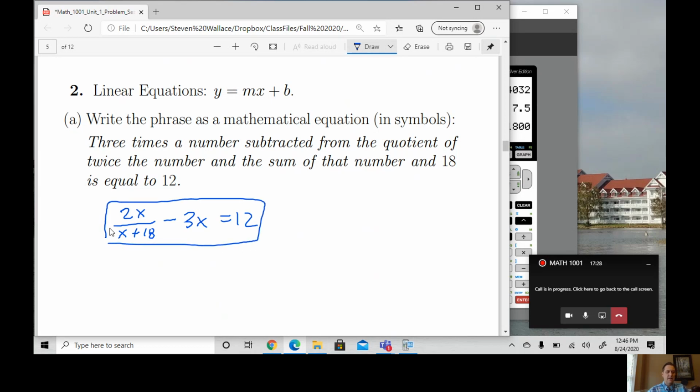Okay. Note that all linear equations basically have the same format if you were to simplify them. So y equals mx plus b is a linear equation. In this case, we don't have it simplified yet to look like that.